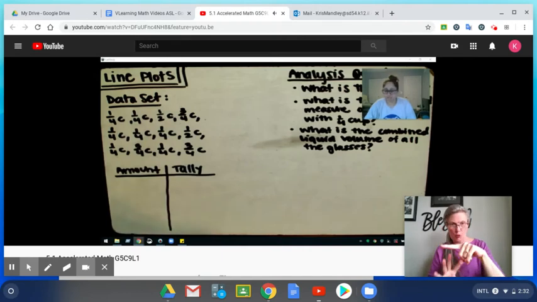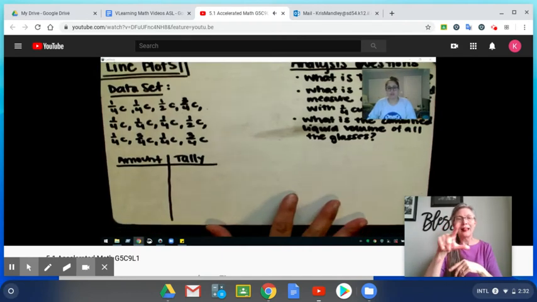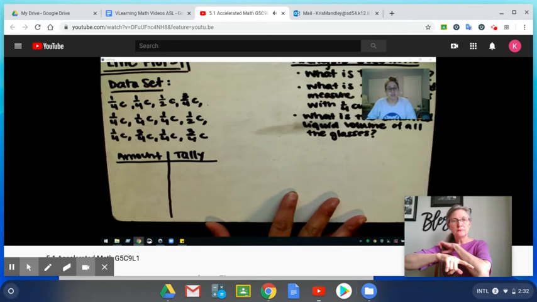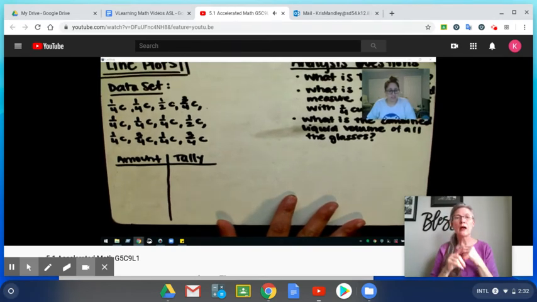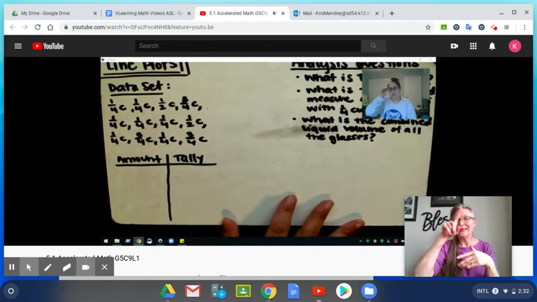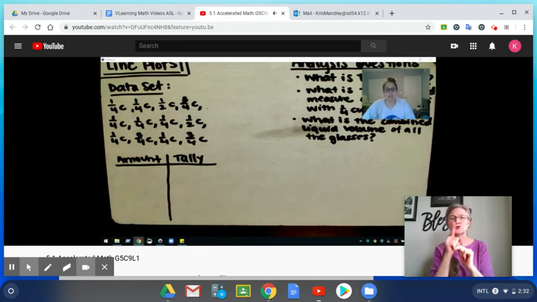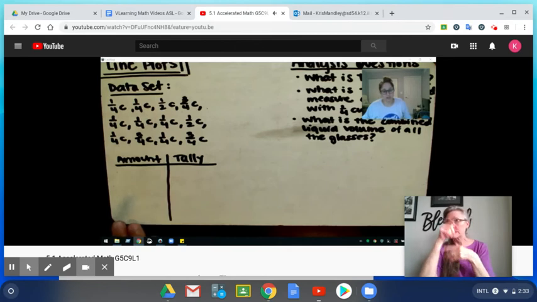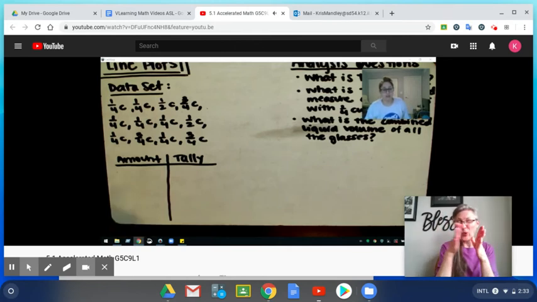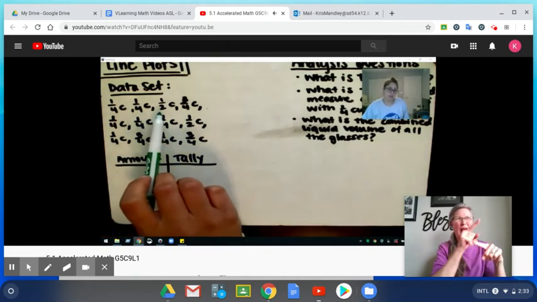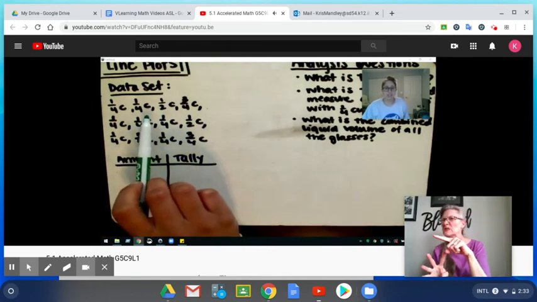You get the idea. So the first thing that I want to do before I jump right in to actually building my line plot, I want to make a tally chart just so I can make sure that my chart will be accurate. Now, a couple things that I want to remind you of here: when we did this last time, some of us, when we were tallying our data, went out of order. It really makes sense to go in the order of your data. So, for example, I don't want to go half cup, fourth cup, 3/4 cup, because that's not in order, right?